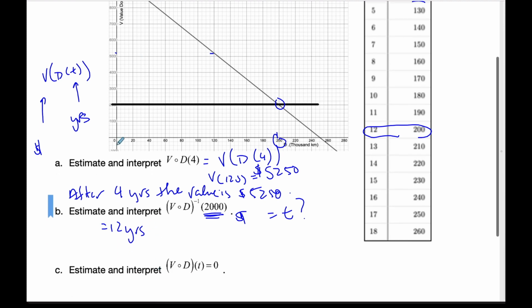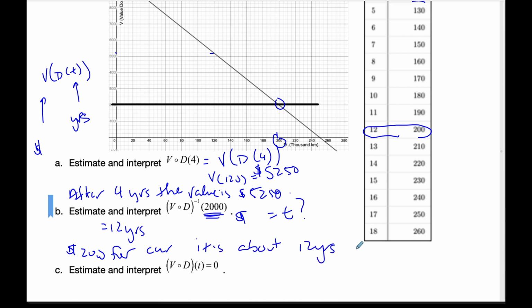And so when the value of the car is $2,000, it's about 12 years old. Now the reason why it says estimate all the time is because when we use the table and the graph, we can get a pretty accurate value, but we don't know precisely what it is. So there's the estimating aspect.